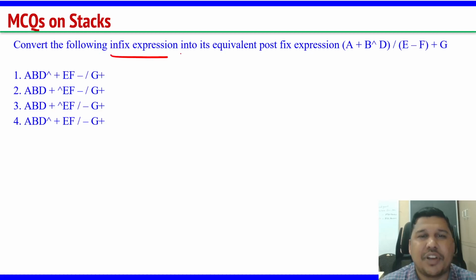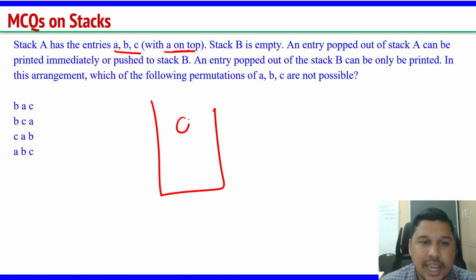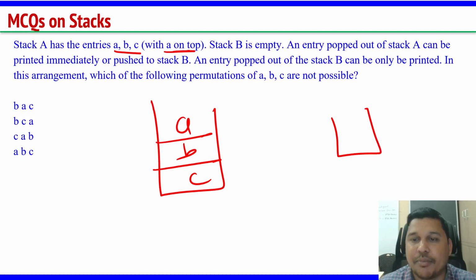Again, given an infix, convert that to postfix. You can solve this easily, right? Stack A has the entries ABC with A on the top. It is something like this. So A is on the top, then B, then C. Stack B is empty.